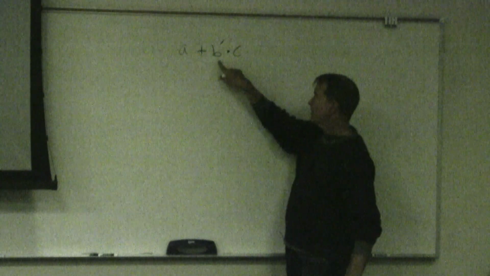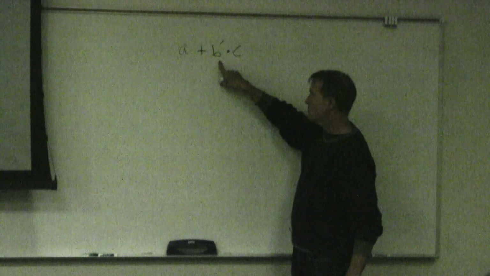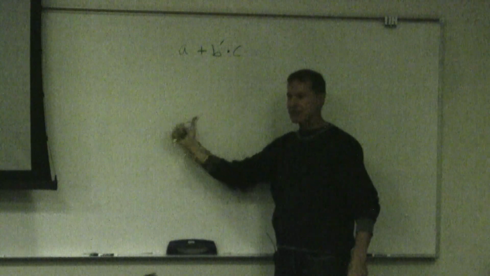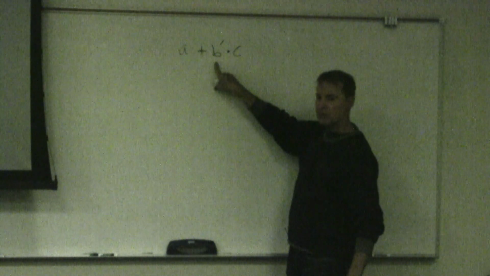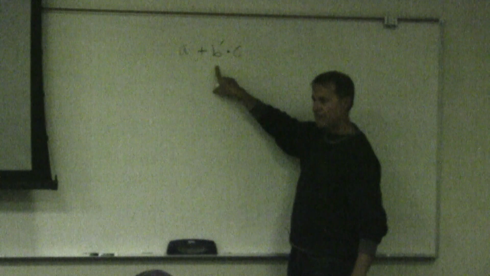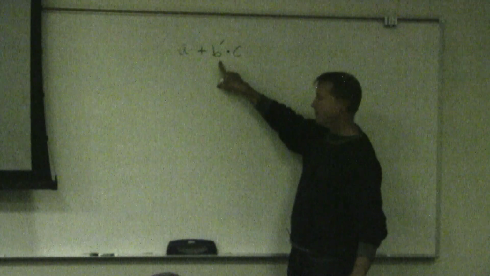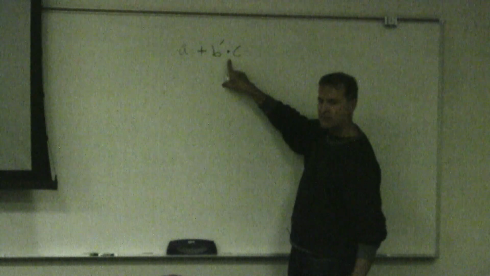Well, here's a B and here's a prime. So, assuming that A, B, and C are coming from the left, what are we going to have to do? B needs to be negated. B is going to come into an inverter, right? And then the output of that inverter, and which one of these happens first? This one.